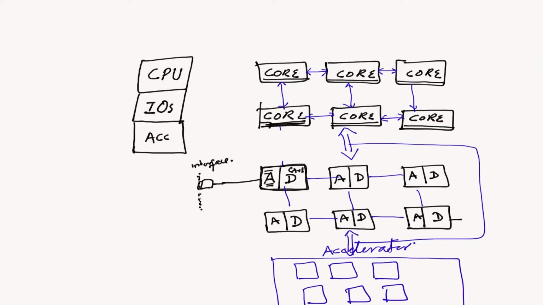Okay, so next thing is, each of these, let's take an example of an IO. When we make a system on chip, we don't have to create everything in-house.